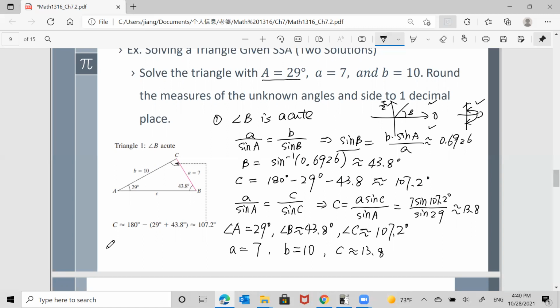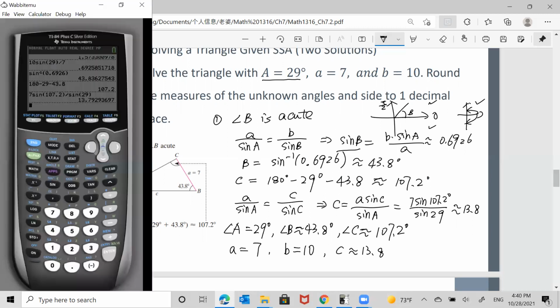I hope it's correct. Sine B. Do I have any mistakes?